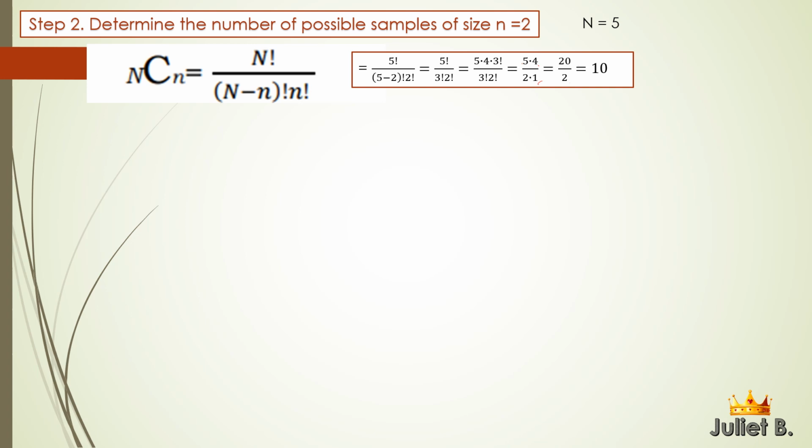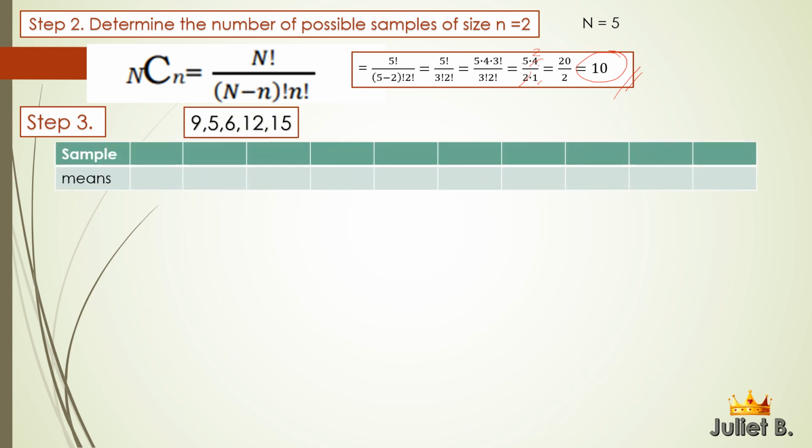Yung isa pang step na tinuturo ko, pwedeng mag-divide ng 4 at saka 2. 4 divided by 2 ay 2. Kaya 5 times 2, 10 pa rin. So, yan ang kailangan natin i-list down, yung 10 possible outcomes.